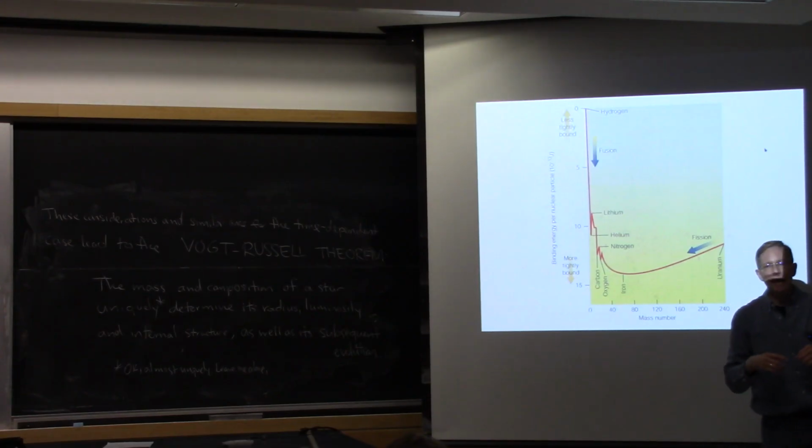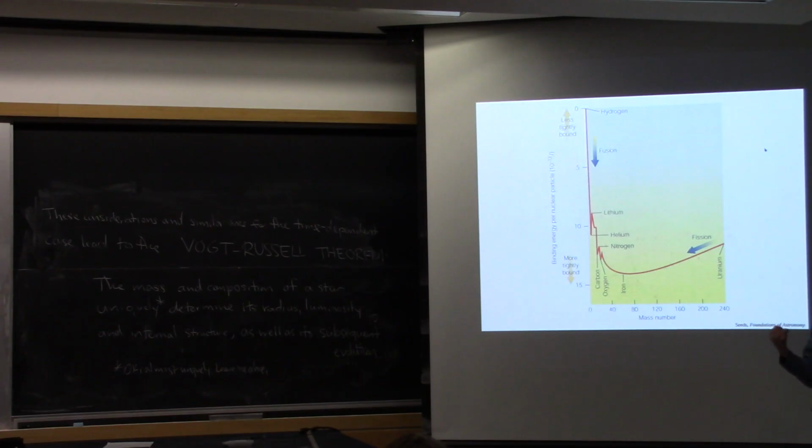It would be an endothermic reaction instead of an exothermic reaction. You'd have to put energy in order to make it happen. So iron 56, we'll see later, when the core of a star becomes made of iron 56, it's doomed because it's out of nuclear fuels. It can't fuse to help keep supporting the star.